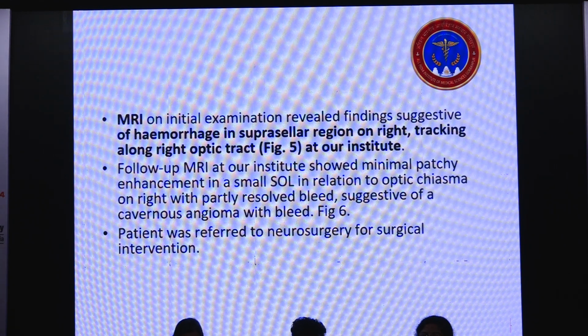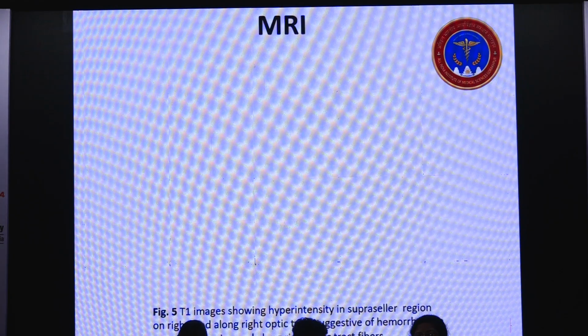The follow-up MRI at our institute showed minimal patchy enhancement in a small space-occupying lesion in relation to the optic chiasma on the right with partially resolved bleed, suggestive of a cavernous angioma with bleed, which is also known as chiasmal apoplexy. The patient was referred to neurosurgery for surgical intervention.